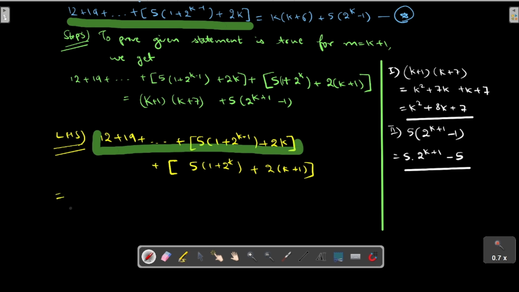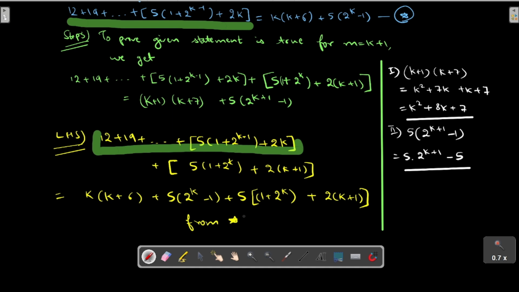From star, what do you get? k times (k plus 6) plus 5 times 2 to the power of k minus 1, plus 5 times (1 plus 2 to the power of k) plus 2 times (k plus 1).